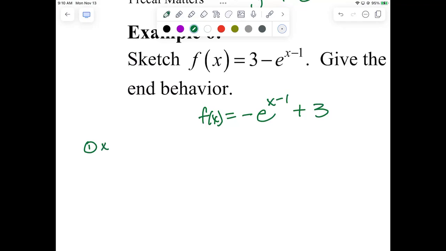X-axis. So to use fewer words, we'll just say x-axis reflection. What would the minus 1 do? Right 1. Good. And then the plus 3 would be up 3.